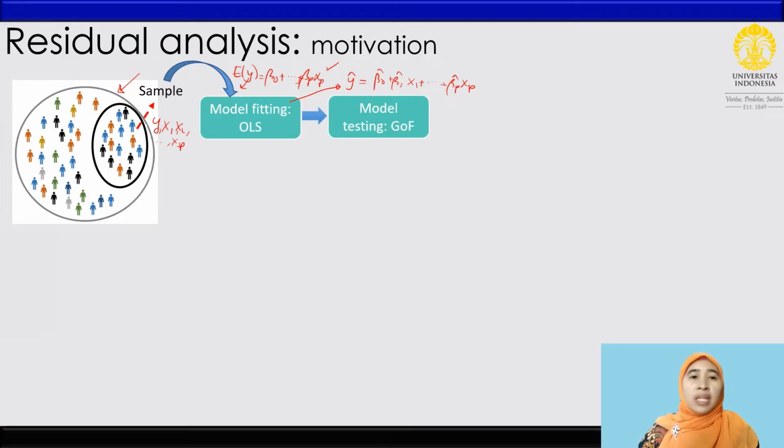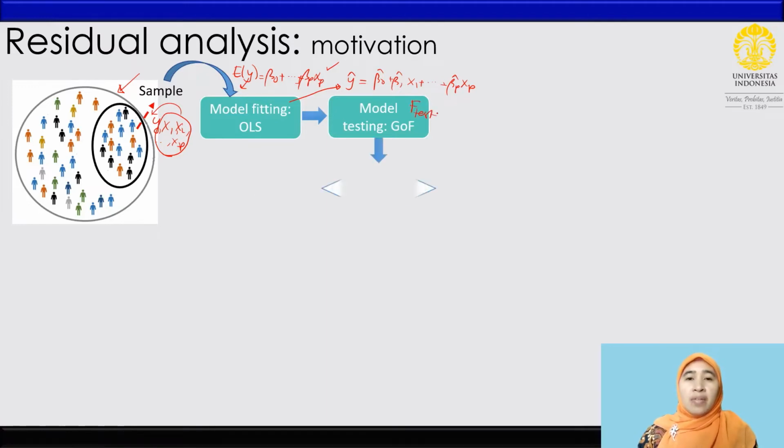Of course, that the predictors or the explanatory variables of Y really can explain Y. And then to establish that these predictors are really good, we have to test our model. That's why we continue with the next step, that is testing the model, goodness of fit assessment. And usually in here, we have F test.